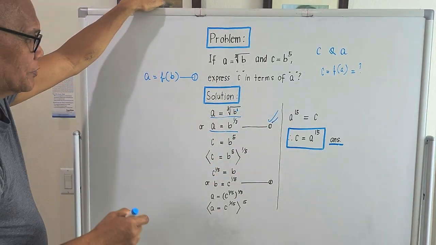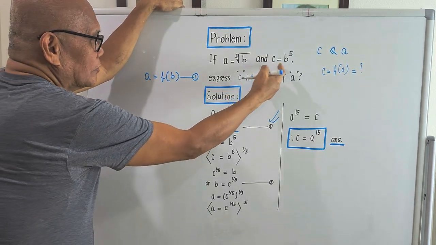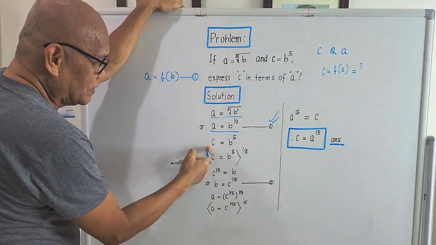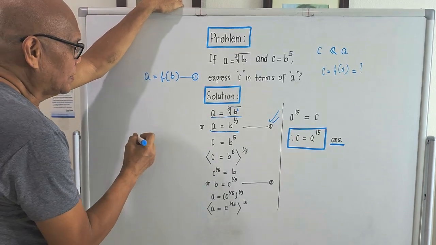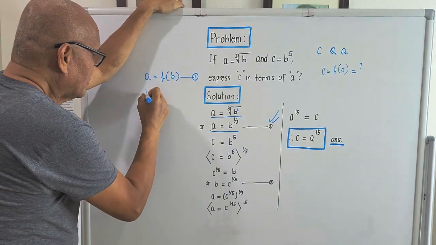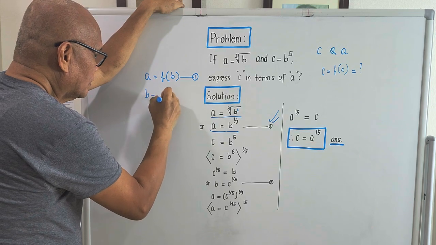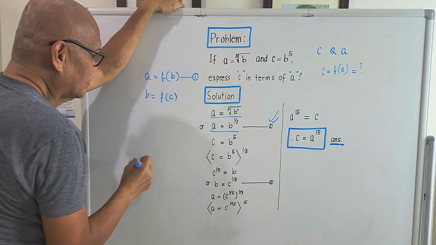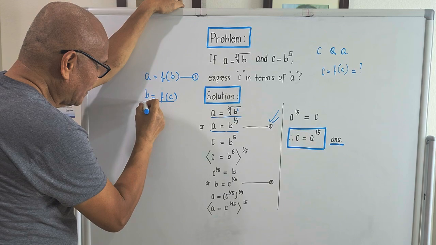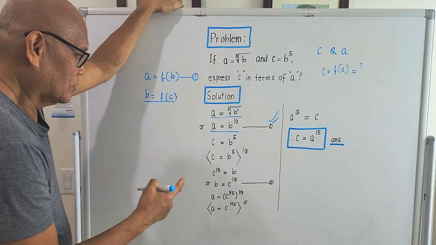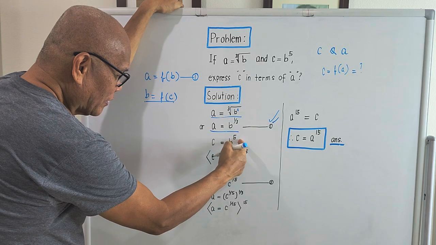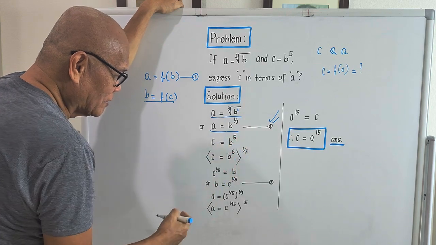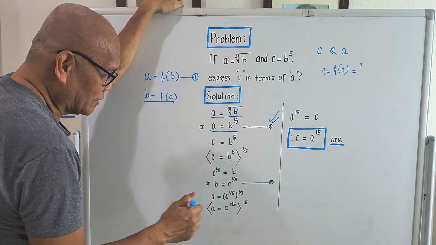From the second expression, c is b raised to the fifth power. Let's compute for b in terms of c. To compute for b without this power of 5, we must eliminate the 5.